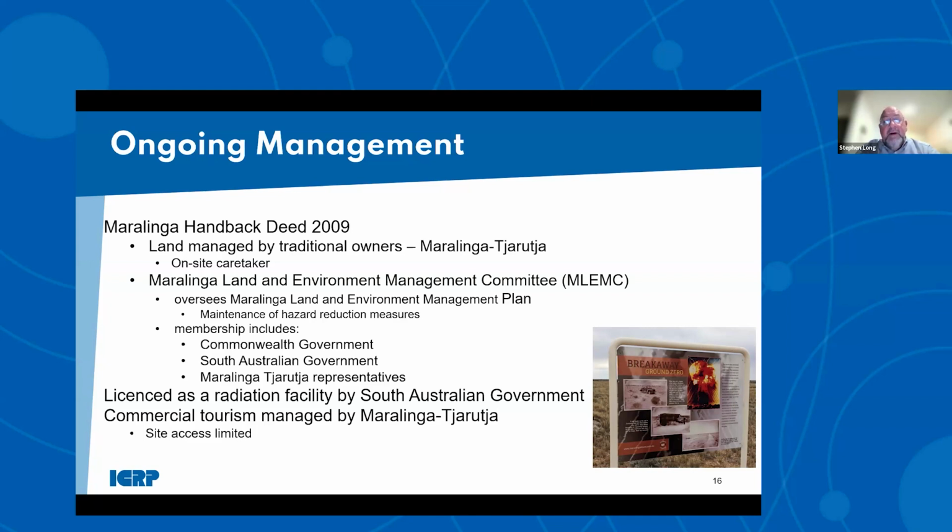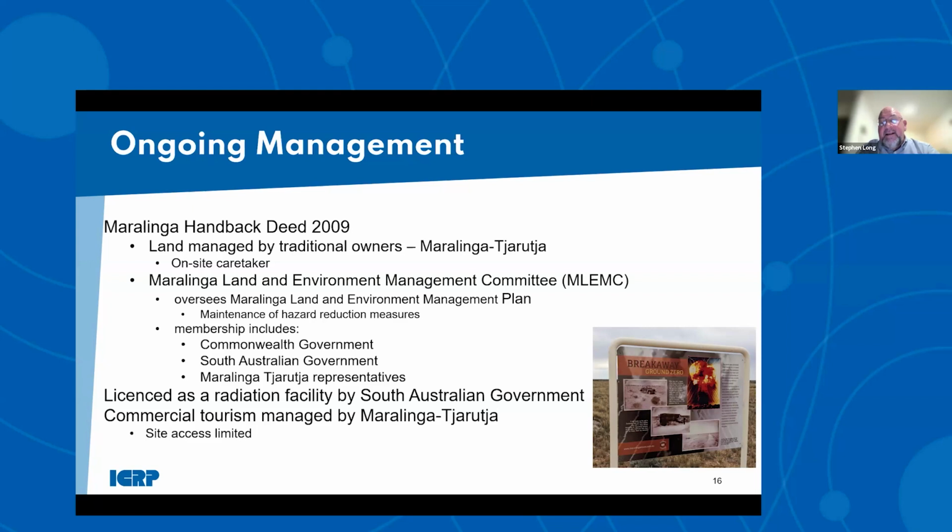during the remediation program. The site is licensed as a radiation facility by the South Australian Government, and since 2015 has been operating a commercial tourism business managed by the Maralinga Tjarutja.